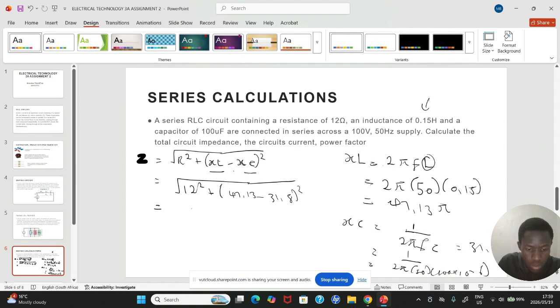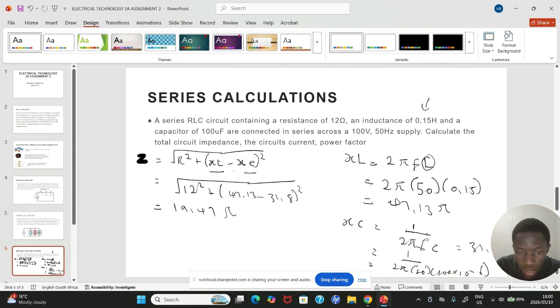Your answer is supposed to be 19.47 ohms.